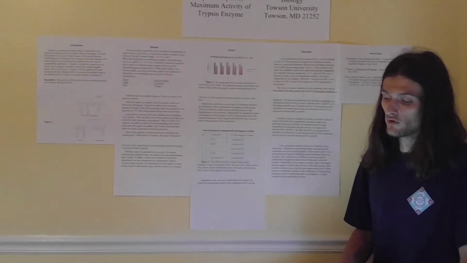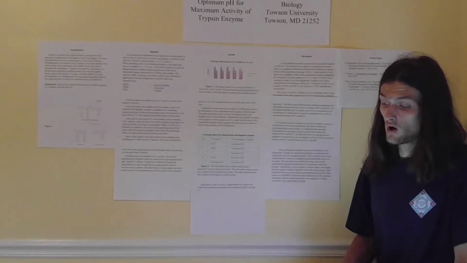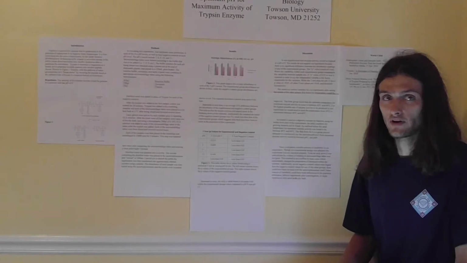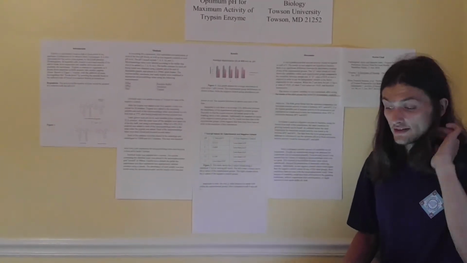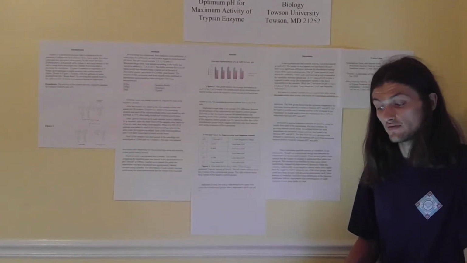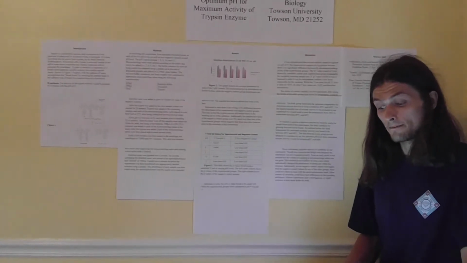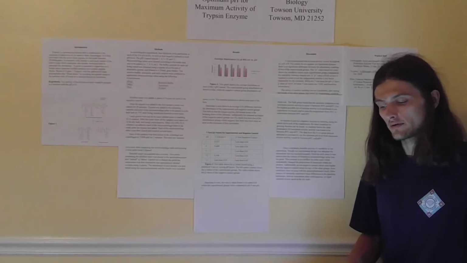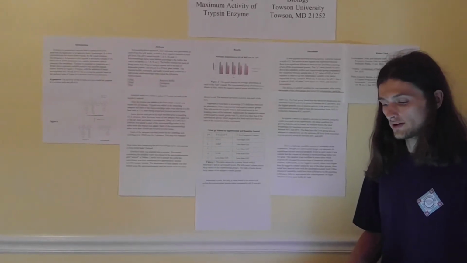A p-value of 0.05 or less is required in order to say the independent variable is the factor responsible for the variation. While a t-test done for pH 11 has a p-value of less than 0.05, all other t-test values are greater than 0.05 and therefore inconclusive.